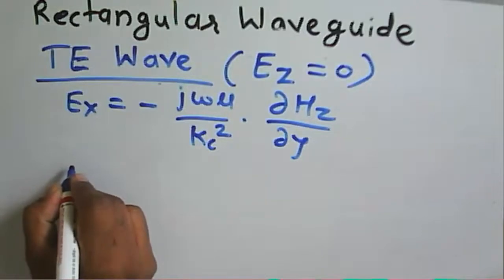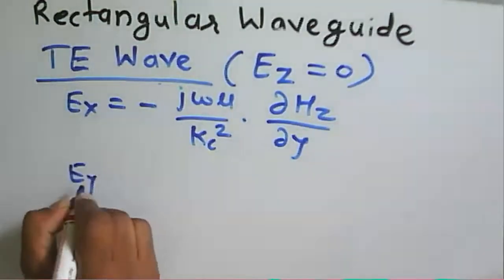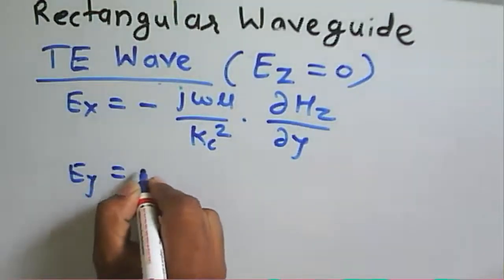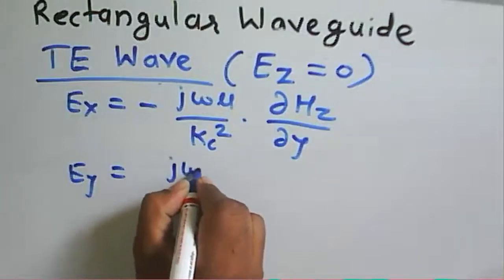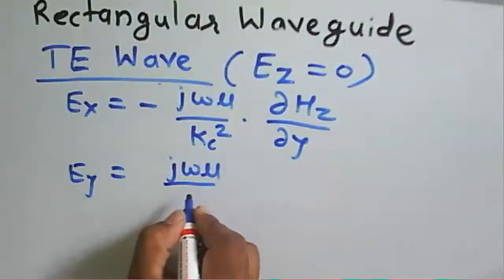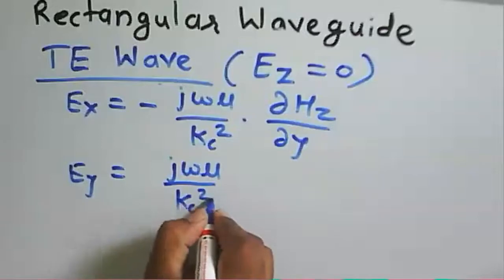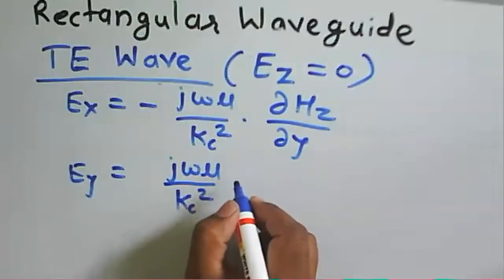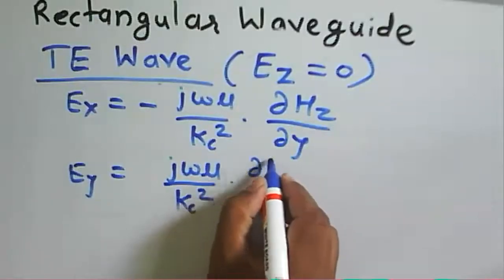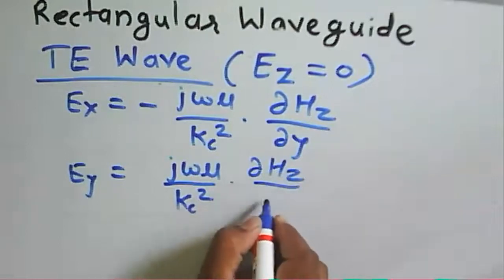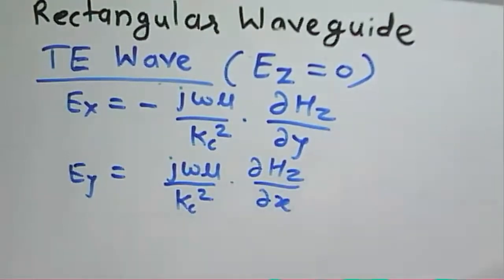Similarly, Ey here is equal to j omega mu by Kc square into dou Hz by dou x.